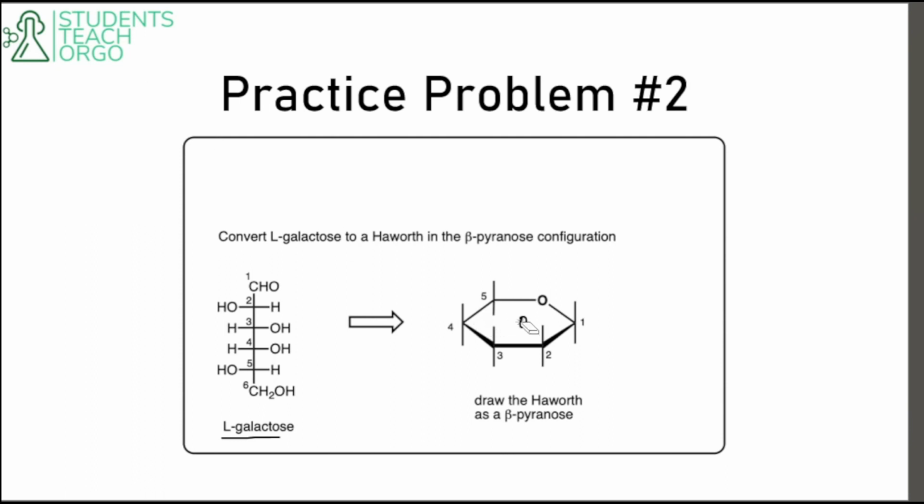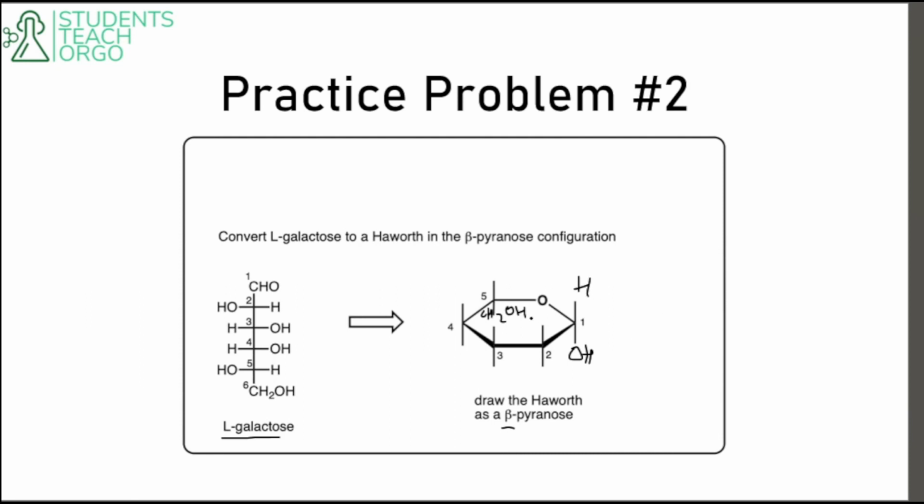So this is where it's going to get a little messy. Bear with me here, because I'm using a mouse. So CH2OH pointing down. Then I'm going to look at carbon 1. I'm told to draw beta, which means it has to point in the same direction. The hydroxyl needs to point down, same direction as my CH2OH.